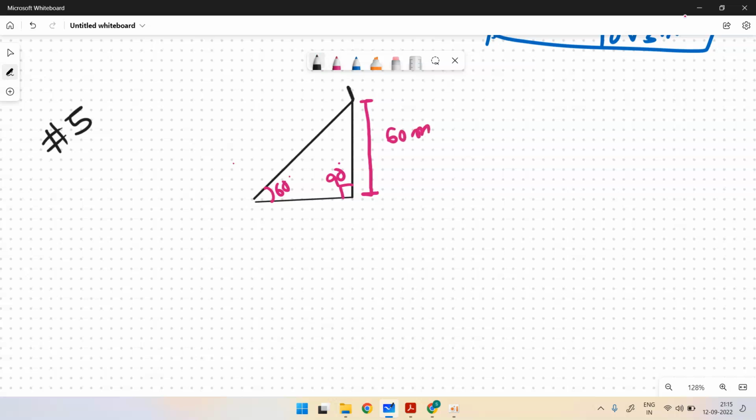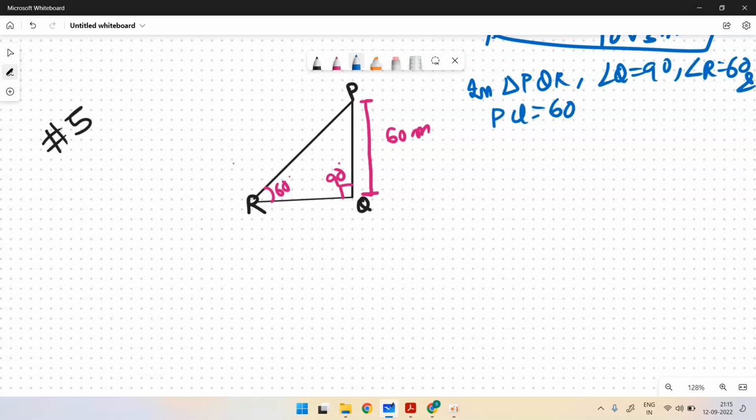So point P represents the kite, and this is Q and this is R. You can see that in triangle PQR, angle Q equals 90 degree, angle R equals 60 degree, and PQ equals 60 meters.